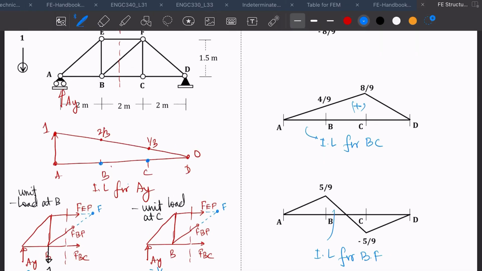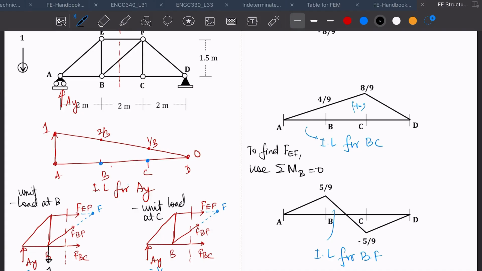Okay, so once you have that, once you cut the section, you don't have to calculate, like I said, the influence line for the reaction because we all know it's going to be 0. And for here, to find FEF, use summation of moment about B equal to 0.